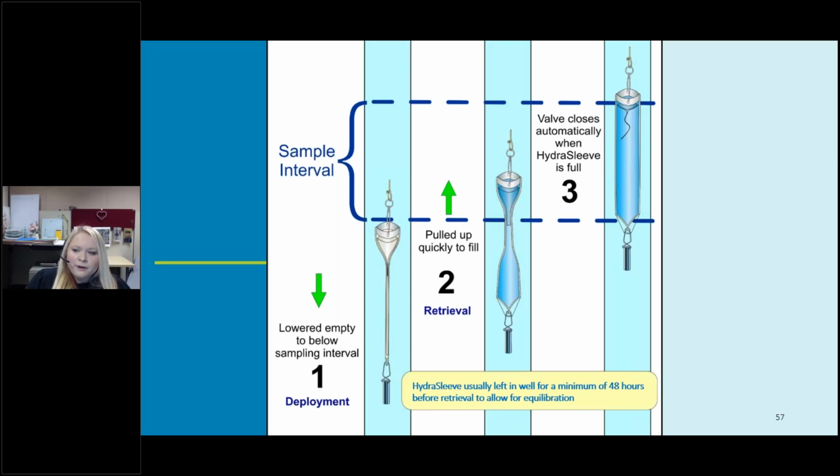The minimum deployment period recommended is 48 hours, though there are circumstances where a longer deployment period may be necessary due to aquifer conditions. The equilibration period is to allow for the well to return to its initial condition and also for the HydroSleeve material to equilibrate chemically with the water conditions. The HydroSleeve can sample for any parameter if volume allows, and a new HydroSleeve can be installed when one is retrieved.